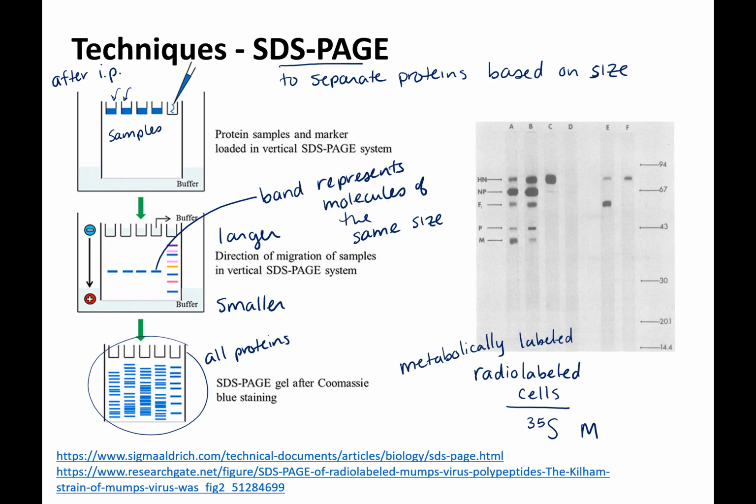Oh yeah, 35 cysteine, 35S-methionine. Okay, so, sorry, cysteine and methionine. So 2 amino acids. So you make the cells radioactive, and so all the proteins that the cells produce are radioactive, assuming they have a methionine or a cysteine amino acid in them.